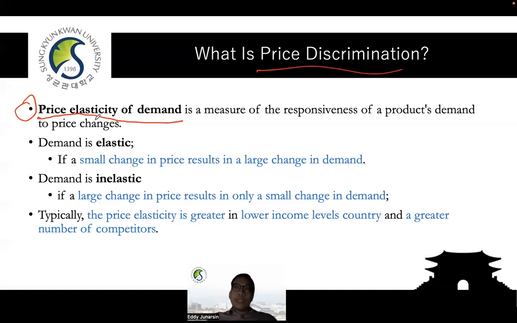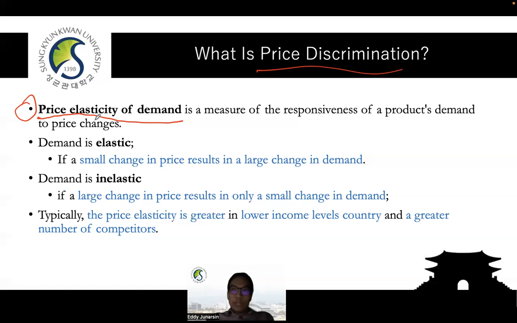So if we change the price, how large will the demand change? If this is elastic, it means that even a small change in the product price will shift the demand quite aggressively.